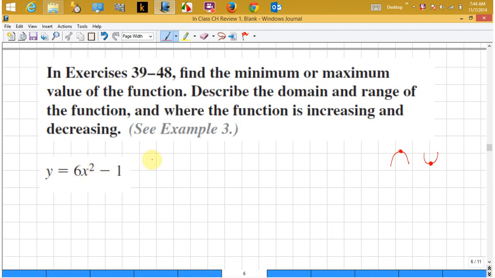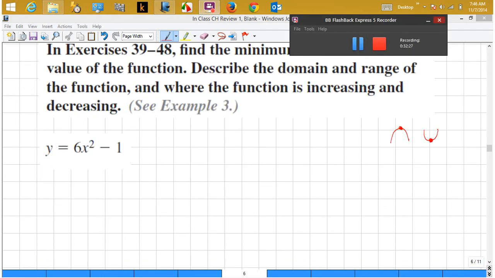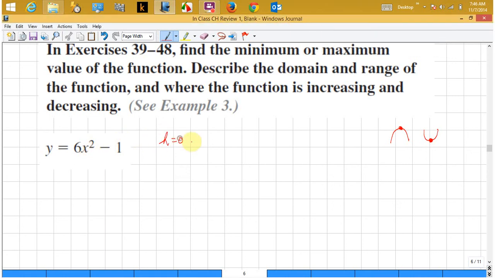What we have here, we can think of this as vertex form. So the vertex of this one, h, is 0, k is 1. So my vertex, and let's just make a rough sketch of this, it's going to be opening up because this is a 6 in front of the x squared and it's not negative.